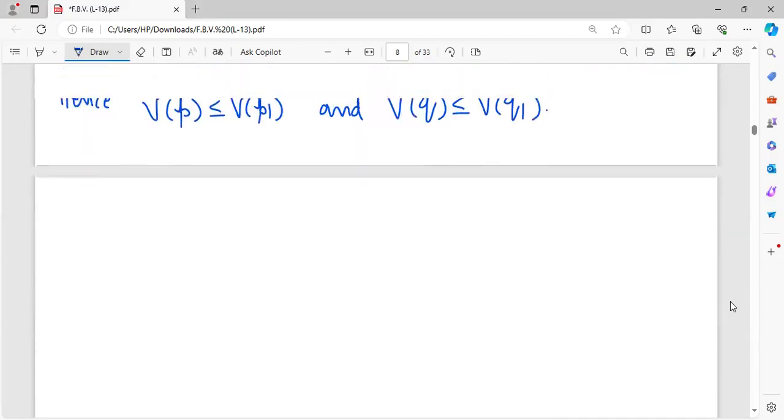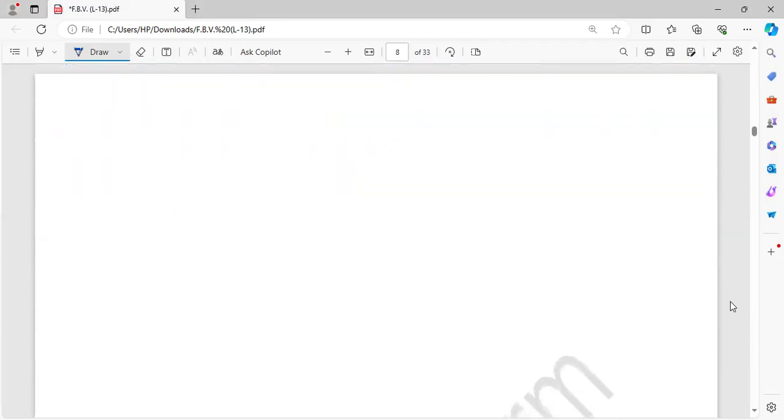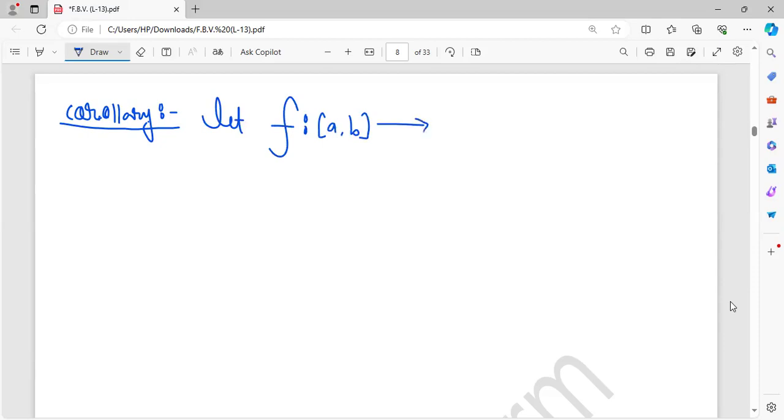So we have done this question. Okay. So now we are doing one corollary. I am writing one corollary. Let F from closed interval AB to R be a function of bounded variation.